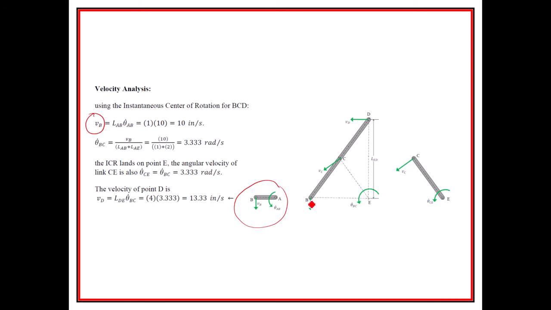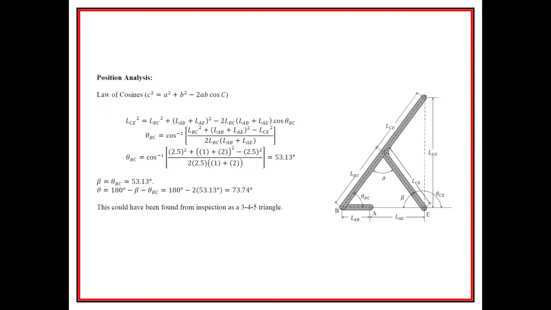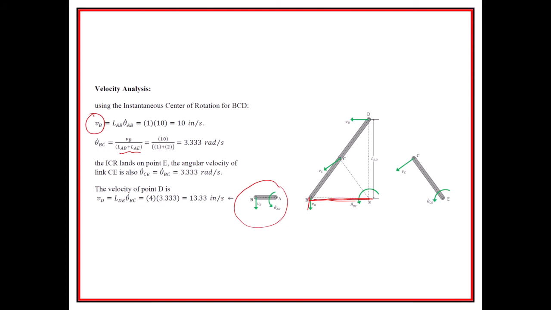because we take this known velocity right here and we take this length right there. That's just LAB and LAE, which we knew from right in there. And from that, we're able to get the angular velocity of BC. The ICR actually lands right on point E, which is convenient for us.